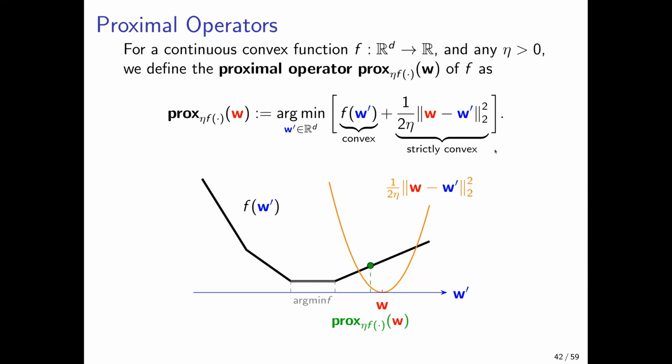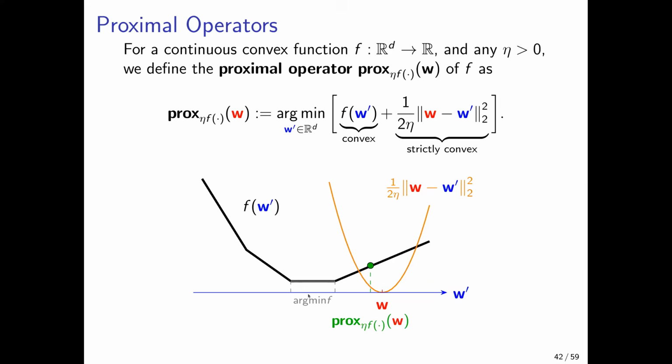What we are doing here is essentially, instead of solving this optimization problem of f directly, in a way we are replacing it by some other optimization problem. If you just look at this convex function f, it has a set of minimizers, but it's hard to find them systematically because we cannot compute gradients.